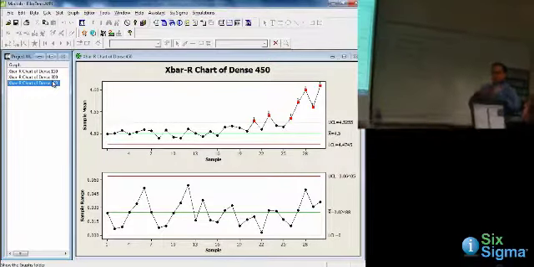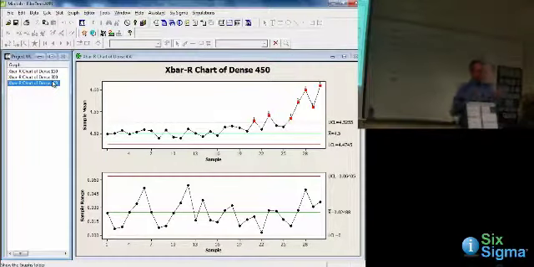Different batches of raw material, maybe even different suppliers, but the suppliers are similar in performance. Maybe the ambient conditions differ from day to day. Some days it might be a little more humid than others, and so on. That's what we call common cause variation.